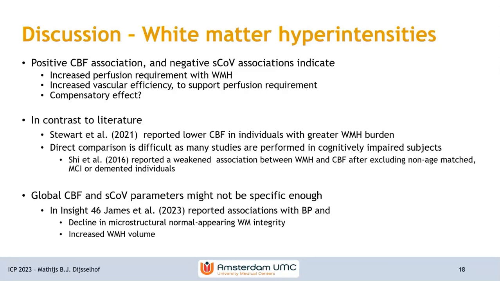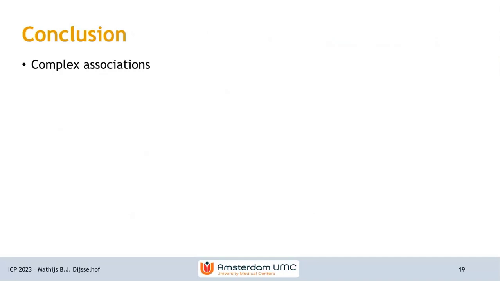So this might mean that it appears to be normal, but actually there's already a degradation going on, and also with increased white matter hyperintensity volume. So this again points more to that we should look into maybe areas that are susceptible for developing white matter hyperintensities or the white matter hyperintensity areas themselves as well.